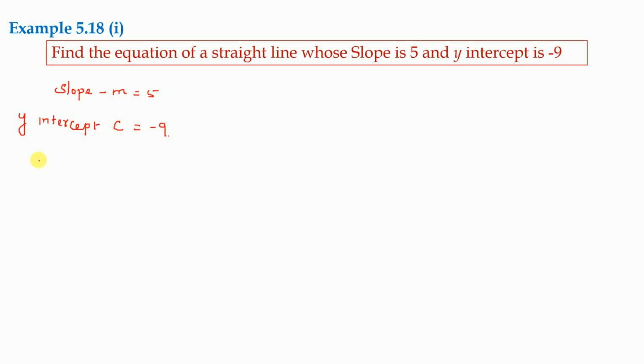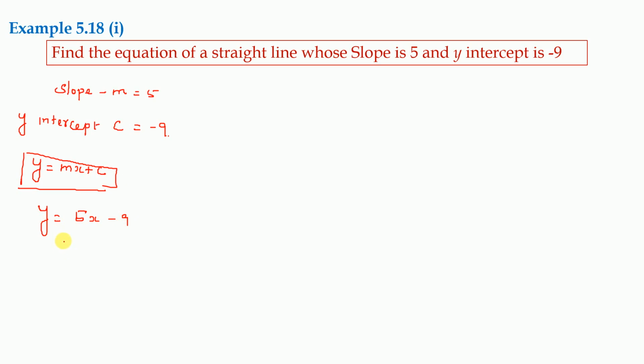We know the general equation y is equal to mx plus c. I'm going to substitute in this, and I will get y is equal to 5x minus 9, since m is 5 and c is minus 9. So this is the equation. From this slope intercept equation, I'm going to find the generalized straight line equation.